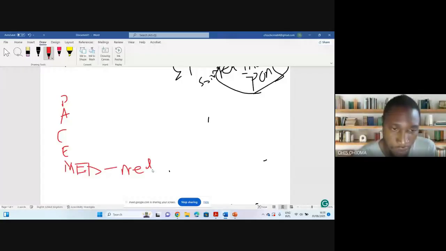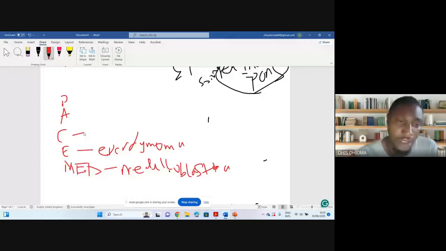The MED stands for medulloblastoma. The C stands for craniopharyngioma.